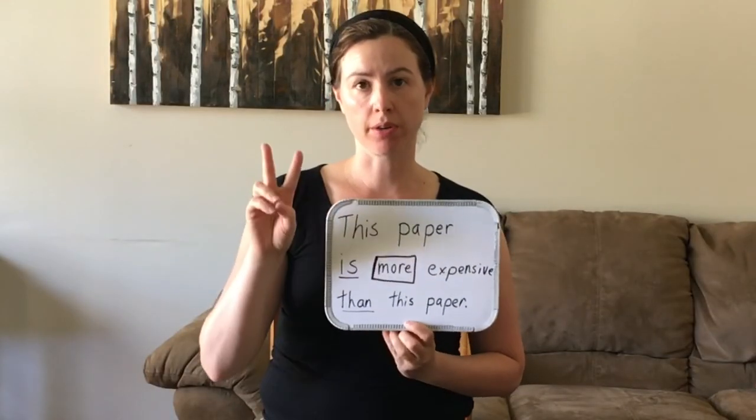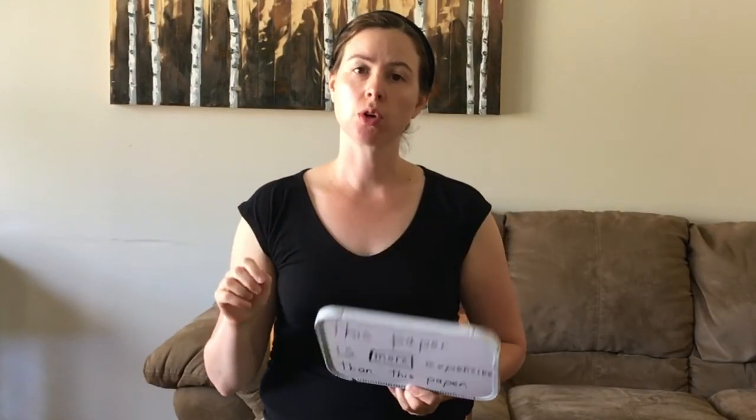There is one more thing I need to teach you about comparing two things. If the word is small, short, bigger, smaller, brighter, these words have one syllable. They are short words. But what happens if you have a long word, expensive, 3 syllables, beautiful, 3 syllables.